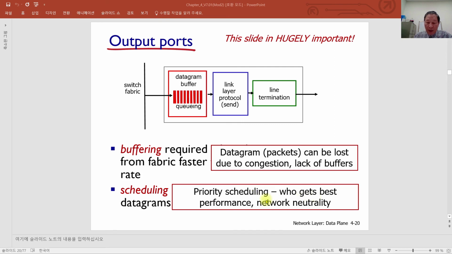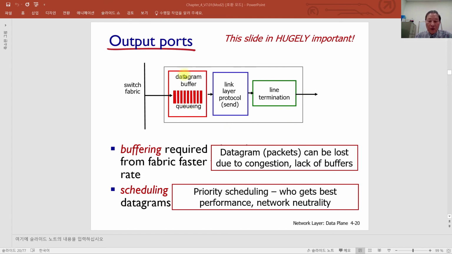That means who gets the best performance. That is related to network neutrality, and here you don't need to worry about that. Usually the first one will be sent first. That is called FIFO. FIFO means first in, first out.